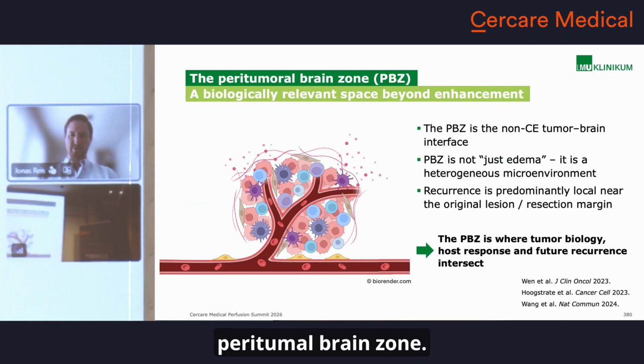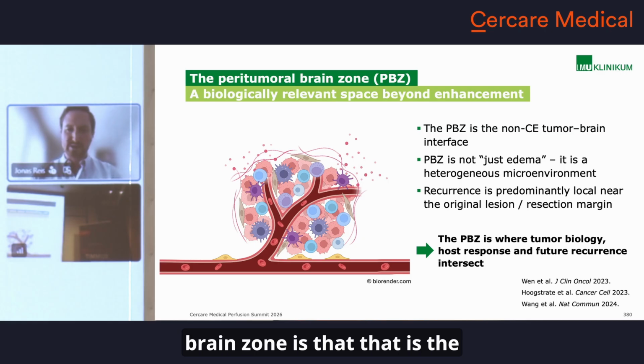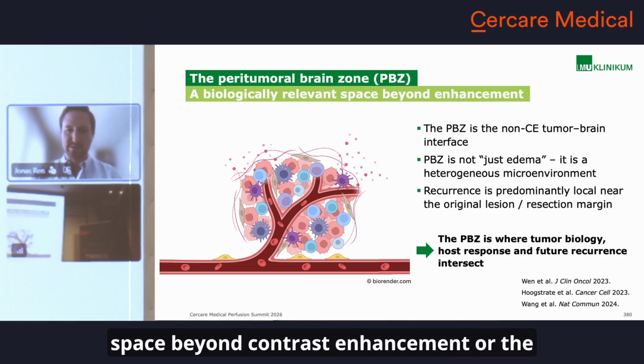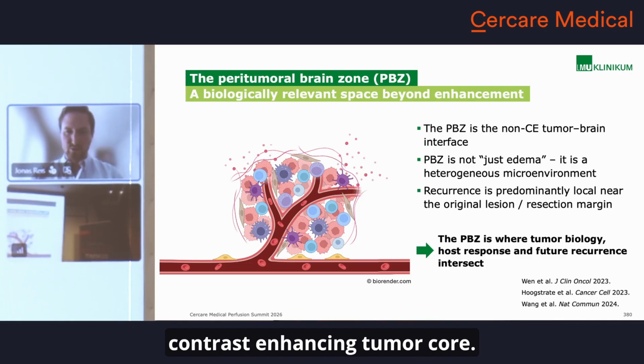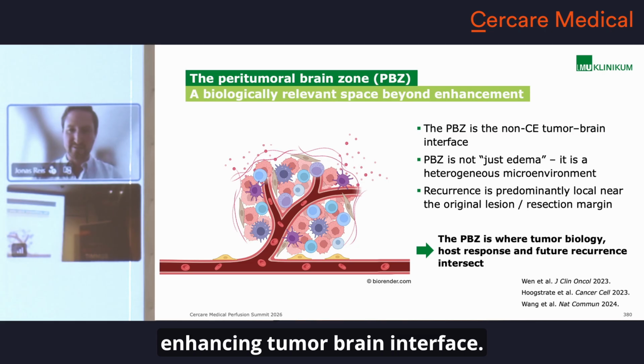Let's begin with the peritumoral brain zone. Just a quick overview. The reason we focus on the peritumoral brain zone is that it is the biologically relevant space beyond contrast enhancement, or the contrast-enhancing tumor core. This compartment is the non-contrast enhancing tumor-brain interface.